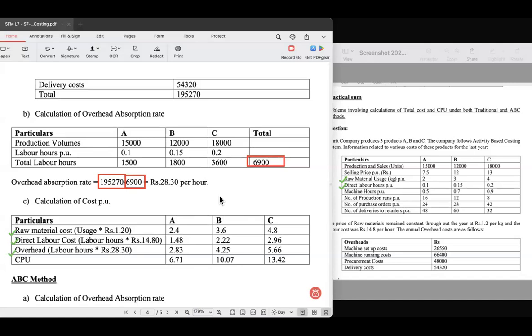Where is it? We have the usage in the table. Usage in the table is given. Direct labor hours, raw material usage given. Where is the cost? Who can tell me? Take a minute and find out.